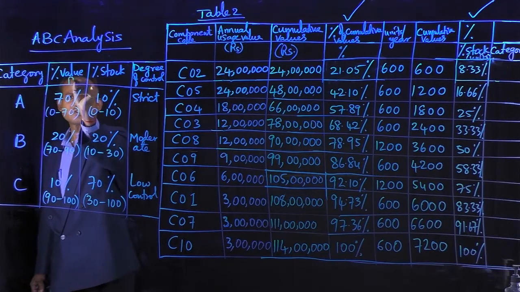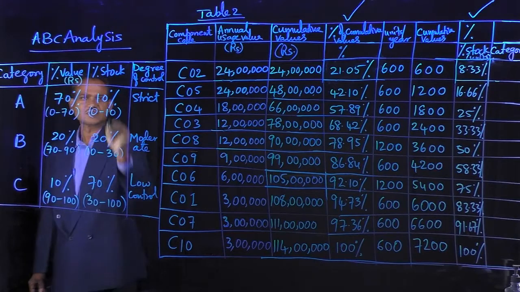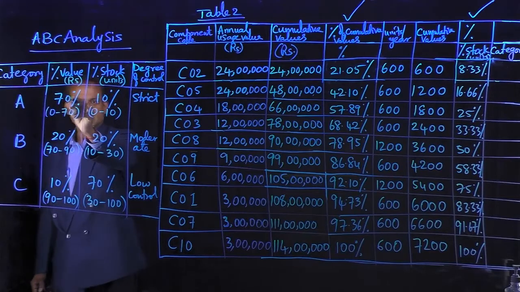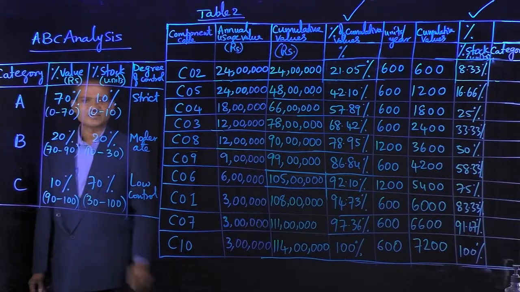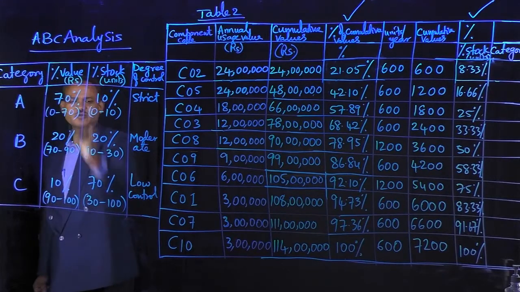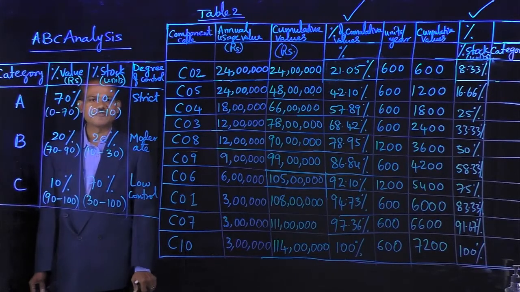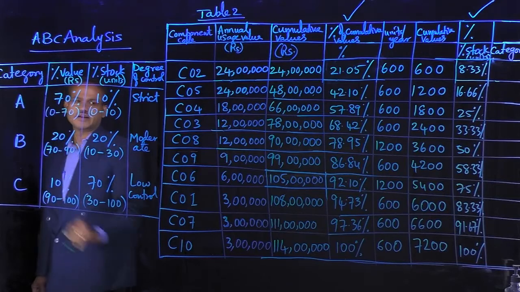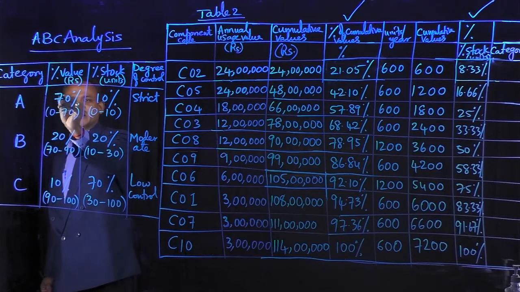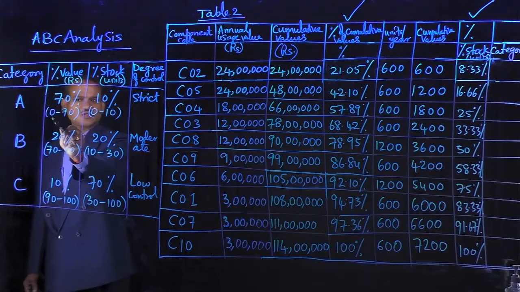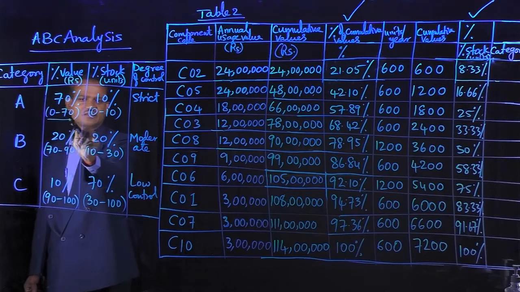This is the percentage of value, and this is the percentage of stock, that means stock units. The cumulative annual usage value is high for category A items, that means approximately 70%.